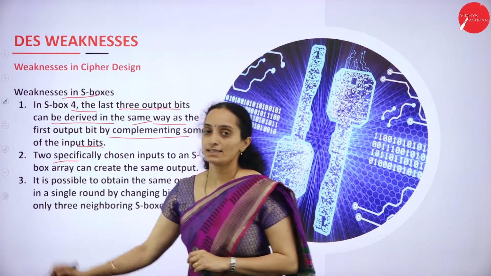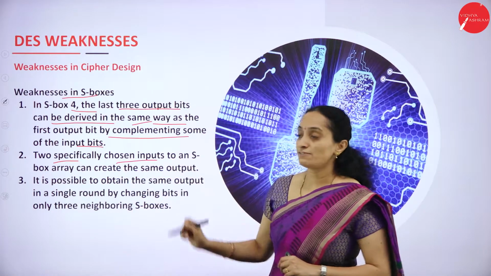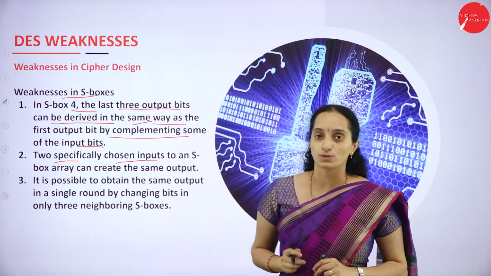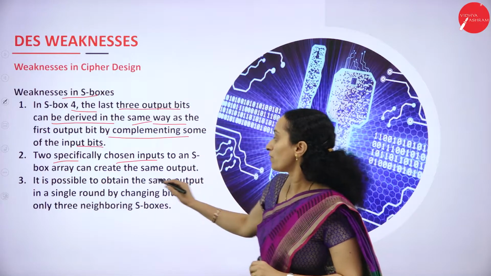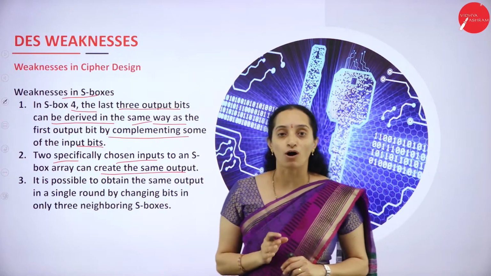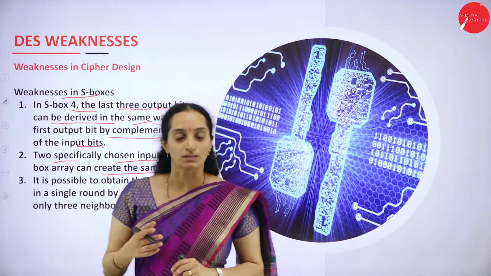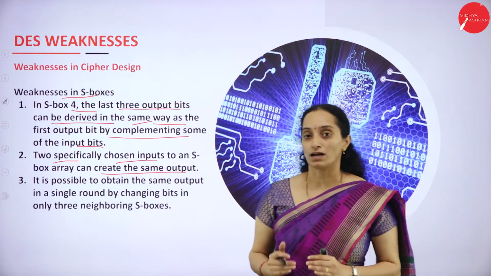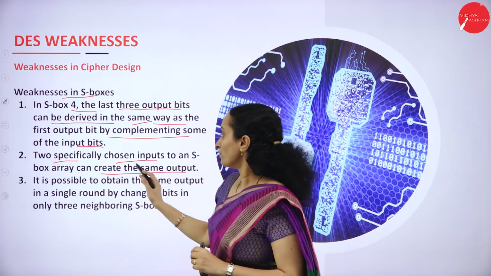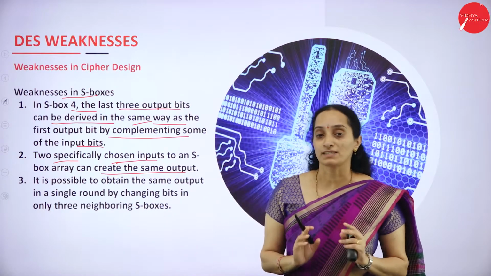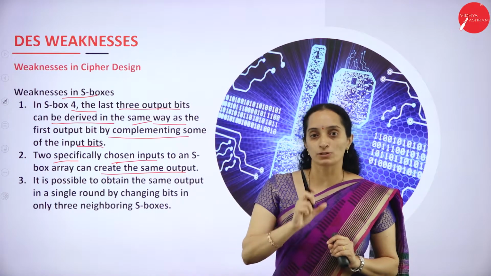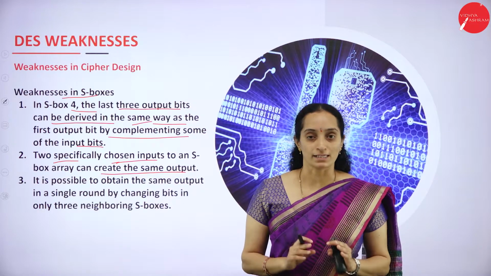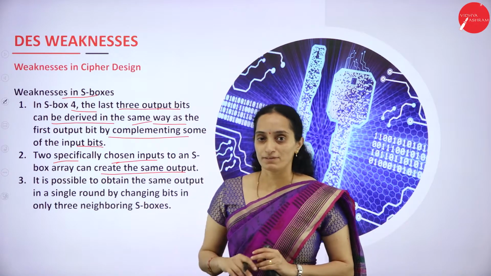The next weakness is specifically chosen inputs. If you choose 2 inputs exclusively from an S box array, you can create the same output as the previous round. If you choose those 2 specific inputs, the same output will be created by the S box array as of the previous round.